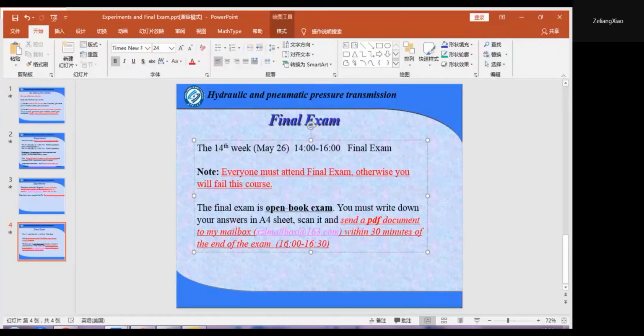In other words, you must send an email which contains the answer sheet in PDF form to my mailbox between 16 o'clock and 16:30.